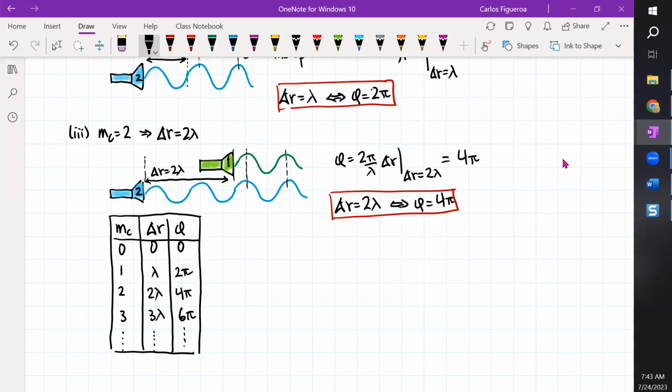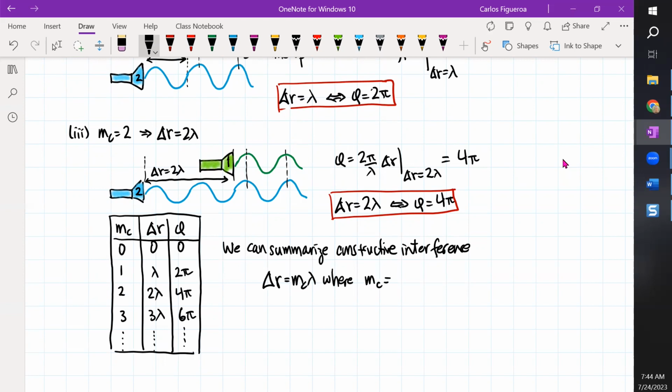So now we can summarize constructive interference. We could say that the path difference must be MC lambda, where MC is equal to 0, plus or minus 1, plus or minus 2, plus or minus 3, all integers.